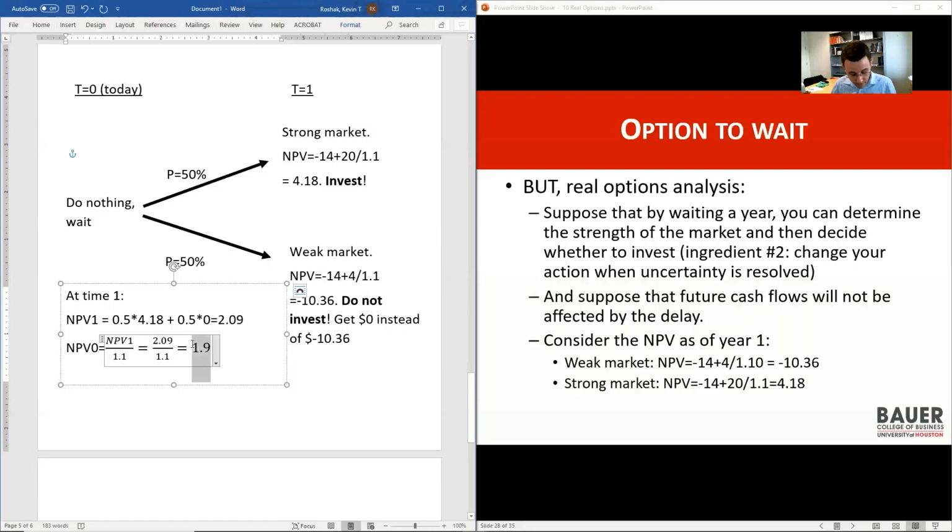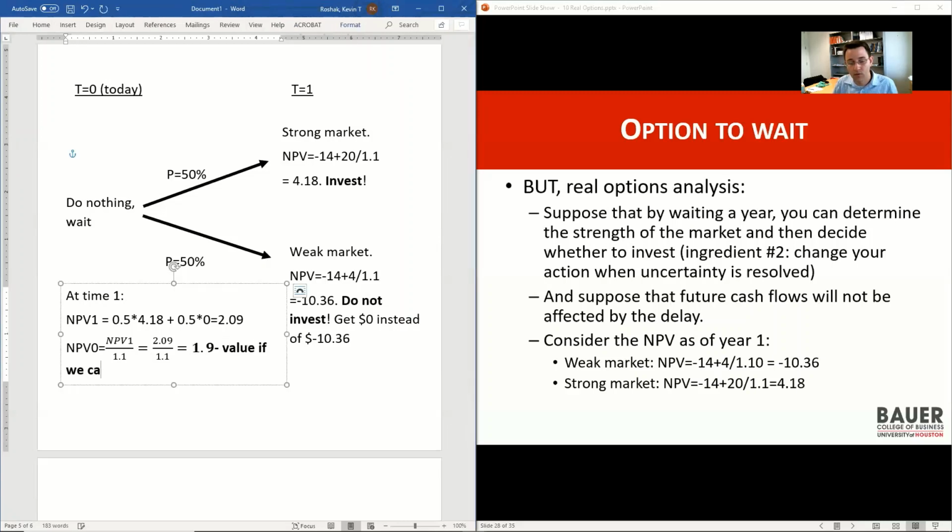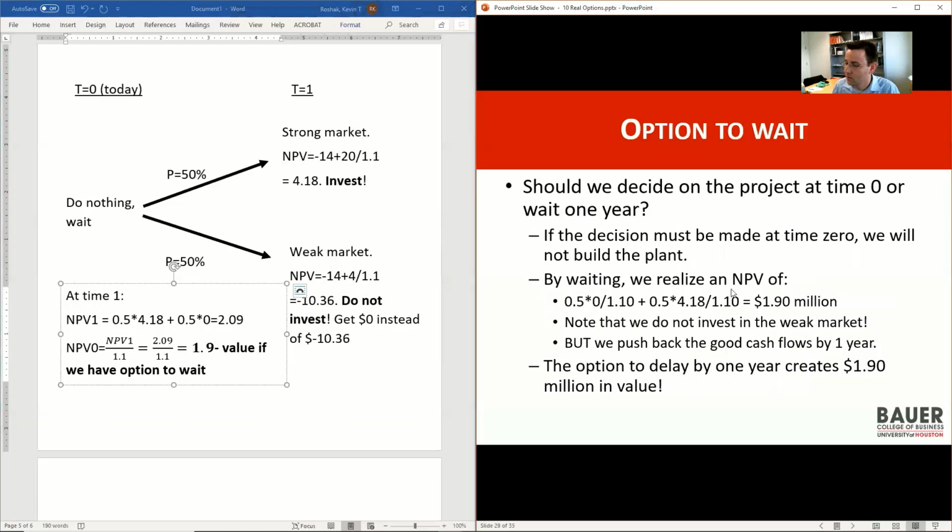So this is the NPV of the project if we can wait. It's positive, right? We want to wait and see what happens, and then maybe we'll invest if things look good. Okay, so that's all summarized here.